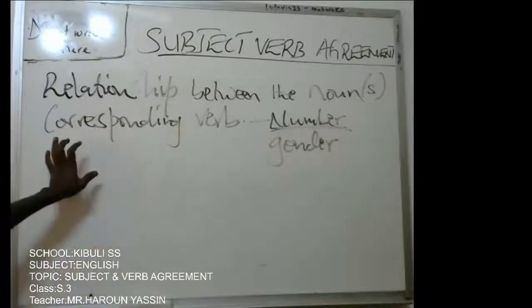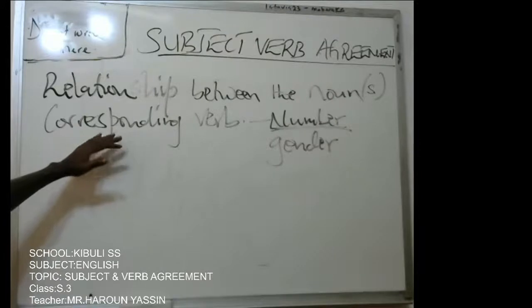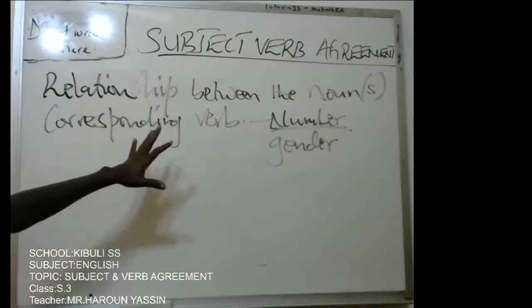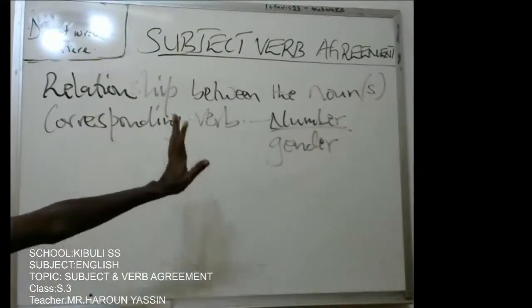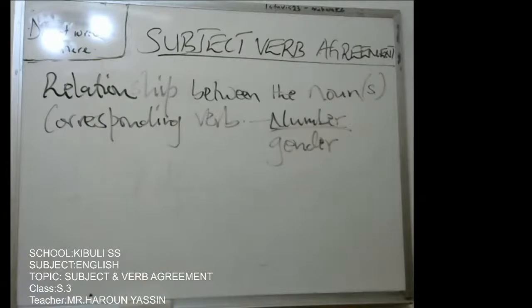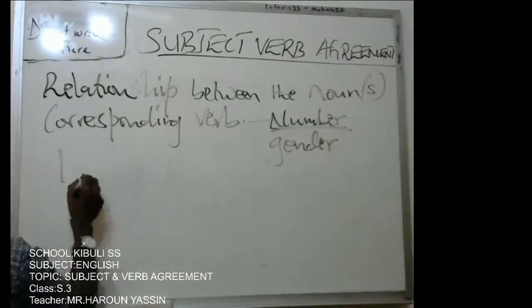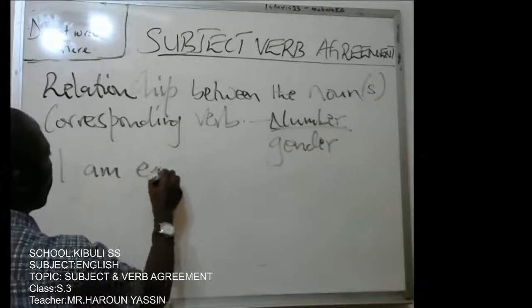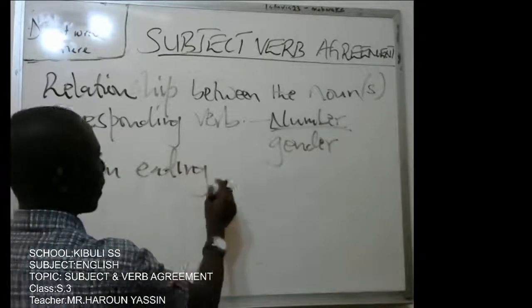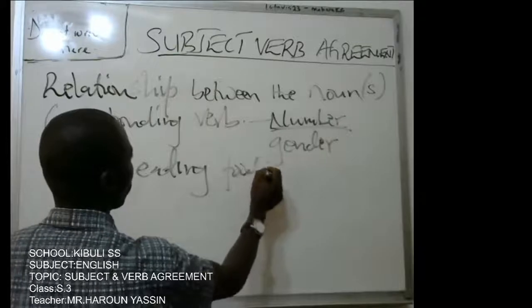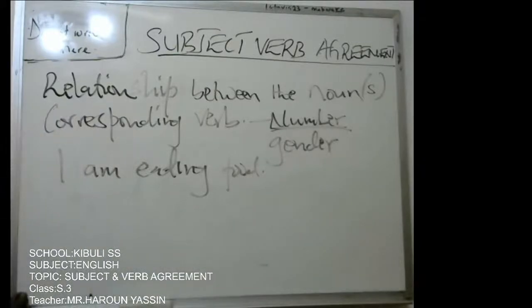But where you have a simple sentence, like the one I have written down, you are not going to have such challenges. I'll give a sentence like: I am eating food. Look at this sentence.